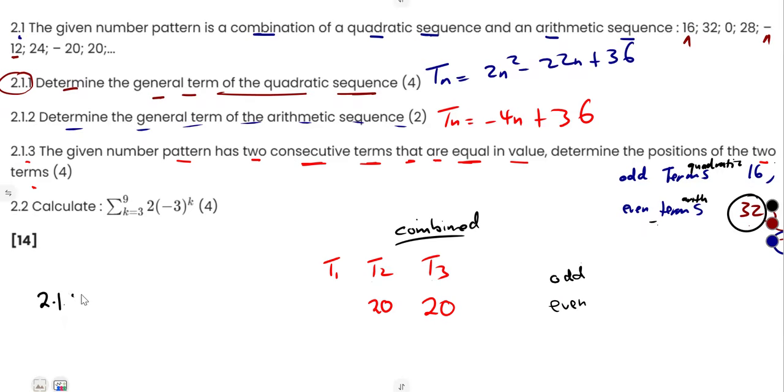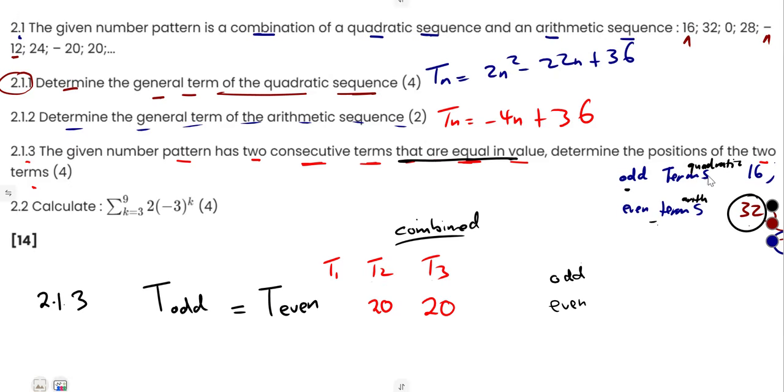So 2.13, whenever we are having these terms, whether we have got the odd as a static or we have got the even that is following, for that condition they said they are equal in value. So the T representing odd must be equal to the T representing even. So what is that term representing the odd?